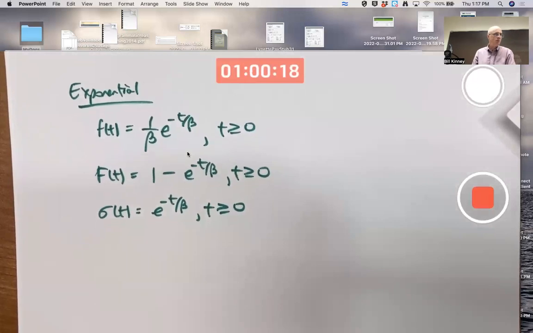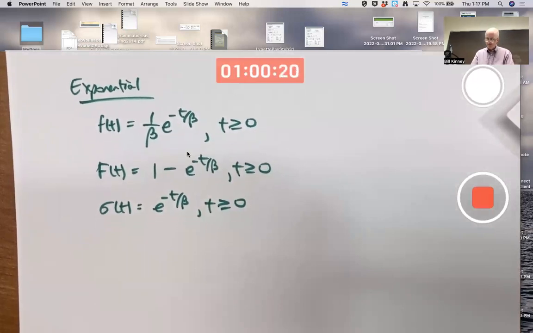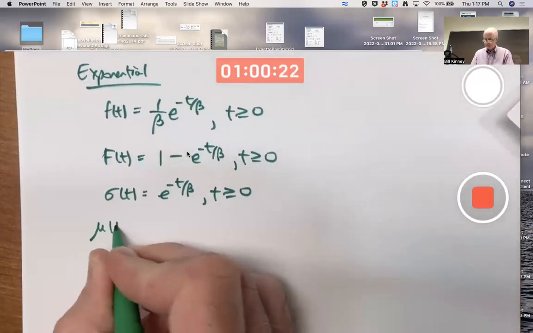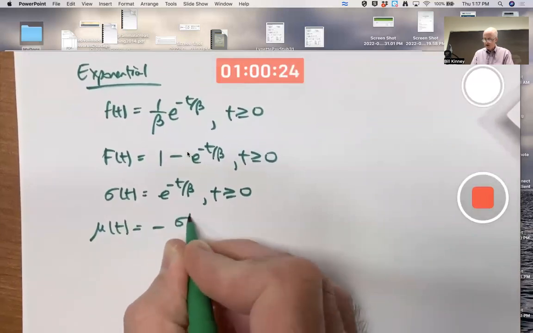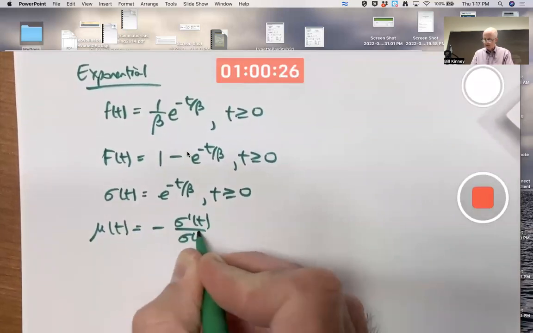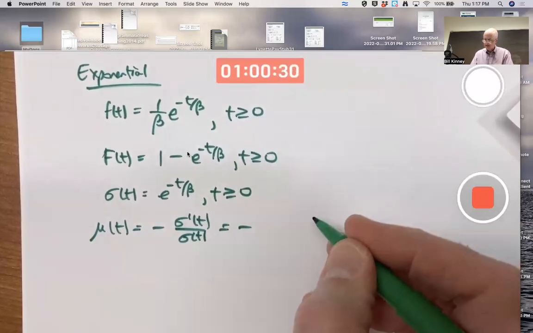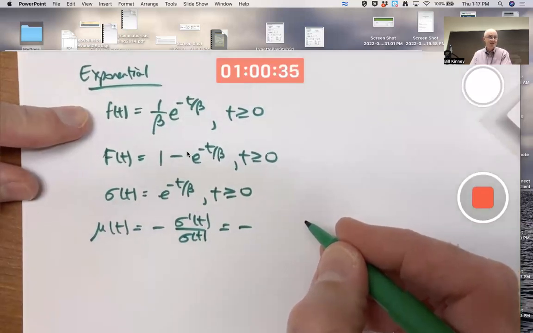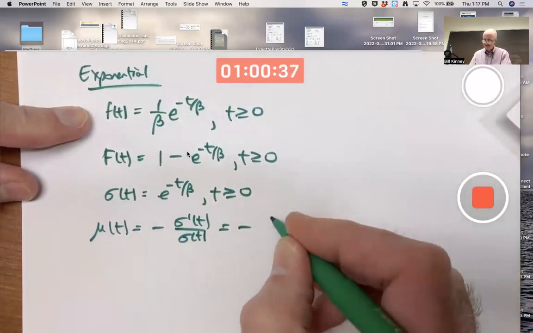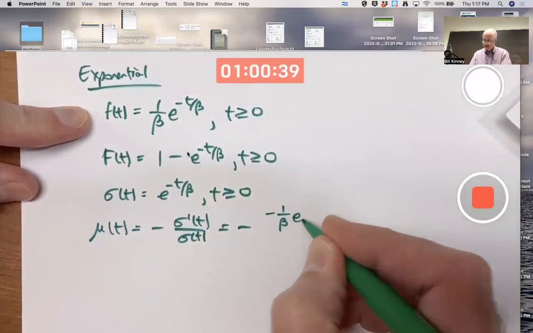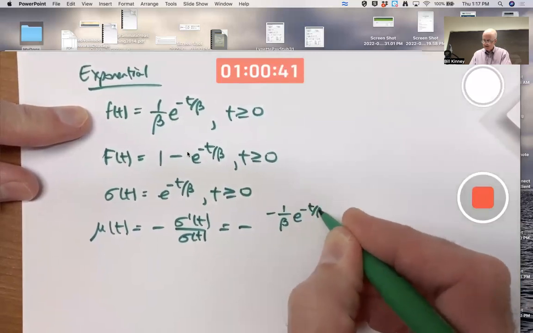So what's the force of mortality? Mu of t, negative sigma prime of t divided by sigma of t. I've got to take the derivative of sigma of t. Already know it's negative f of t, actually. Negative 1 over beta, e to the negative t over beta.